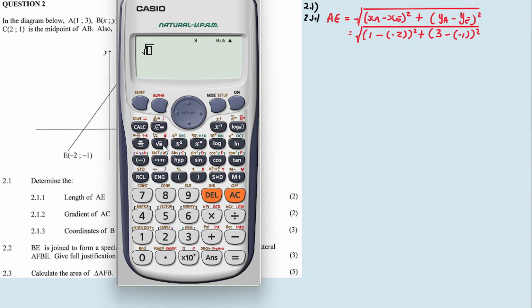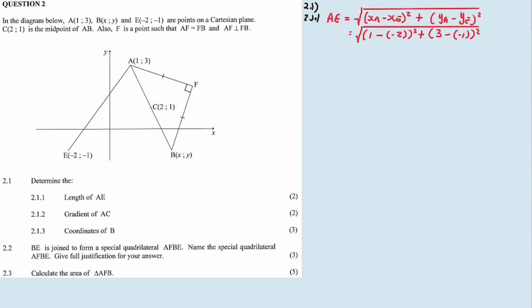Then we calculate the square root of 1 minus 2 squared plus 3 minus 1 squared, equal to 5. So our answer is 5 units. It's 5 units, right? It's 5 units.